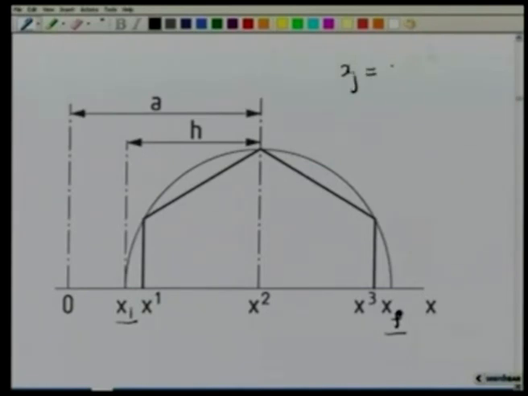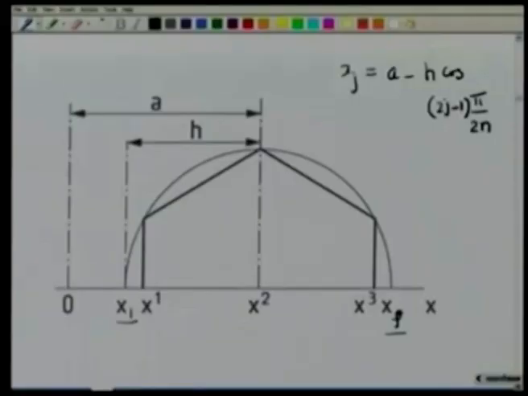We have given the expression as a minus h times cosine of (2j minus 1) into pi by 2n, where n number of accuracy points are to be chosen in this interval from xi to xf, where j goes from 1 to n.